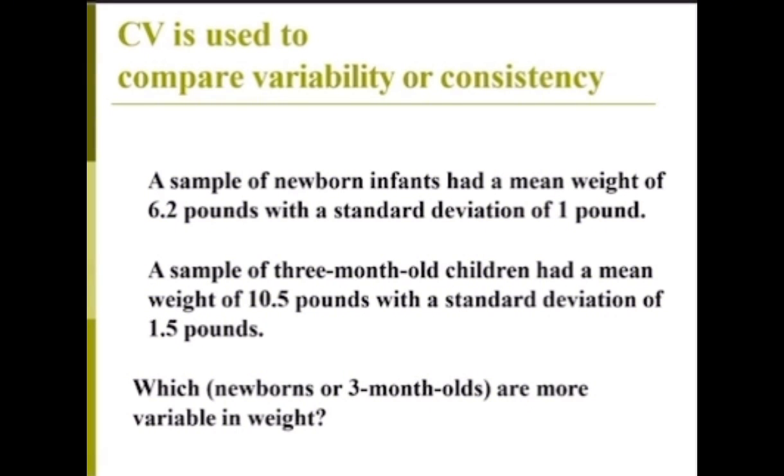Maybe a researcher has taken a sample of newborn infants and arrived at that mean and standard deviation, and did the same for the 3-month-old children. The question here, at times, may not be about comparing means.